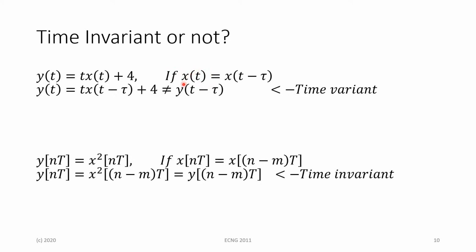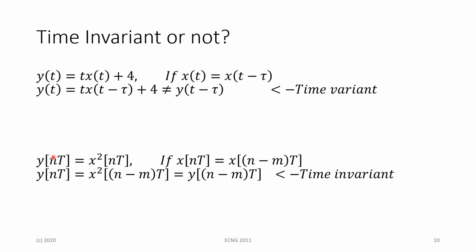We're not observing the substitution for t. If we observed the substitution for t, that means this t would have been t minus tau, and then we could have proved a direct mapping for y of t minus tau. But because we just substitute x of t equal to x of t minus tau, our system here is time variant.